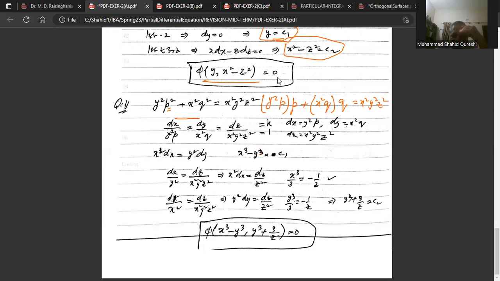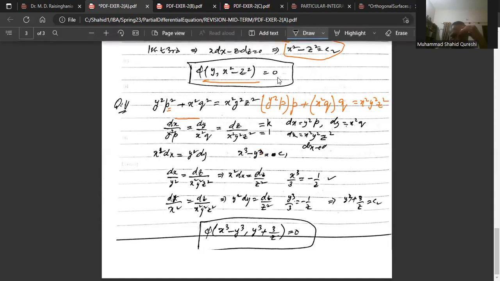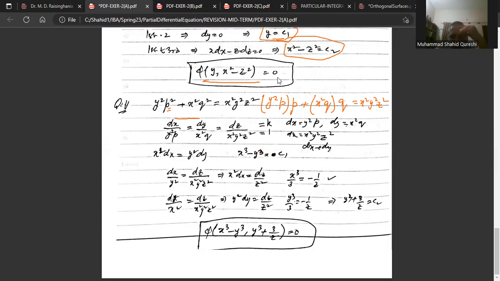I take k is equal to 1 and add them together. I can add any two or all together. So if I add these two, what I have is dx plus dy equals y square p plus x square y square z square. But that does not give me any idea about how to remove p. But generally, this approach is adopted in the book. So I don't recommend this.